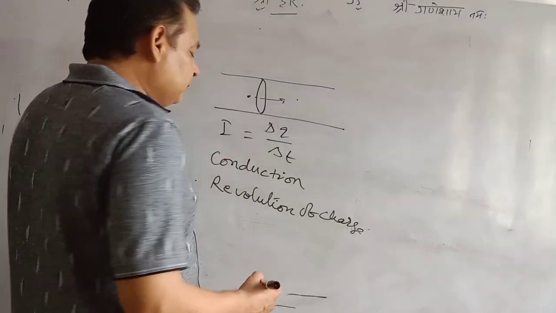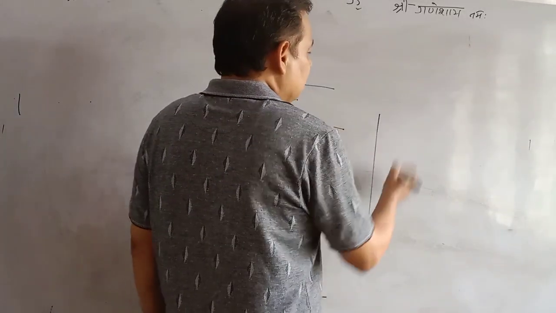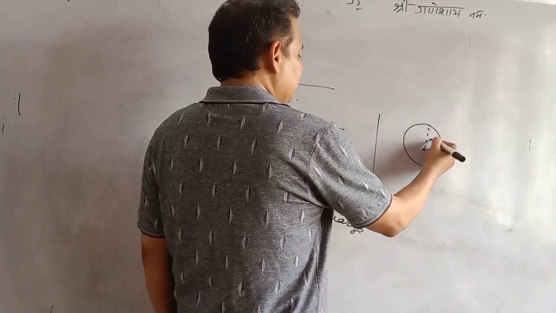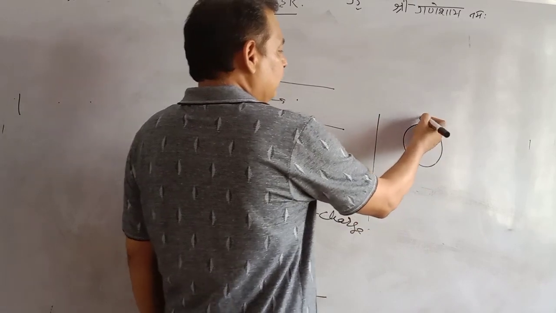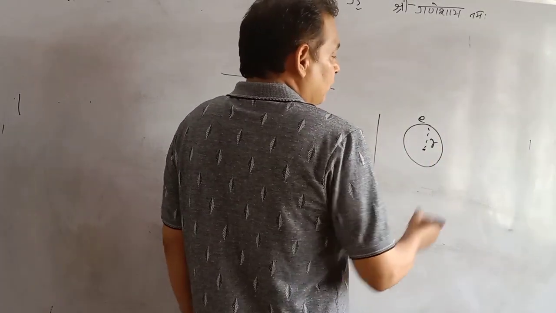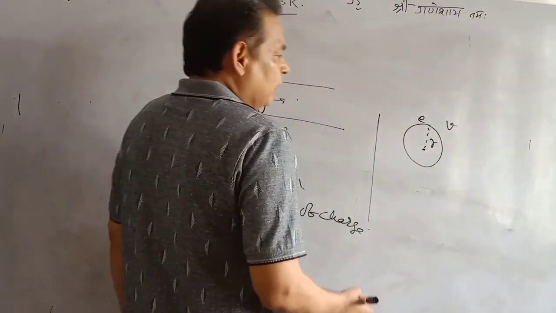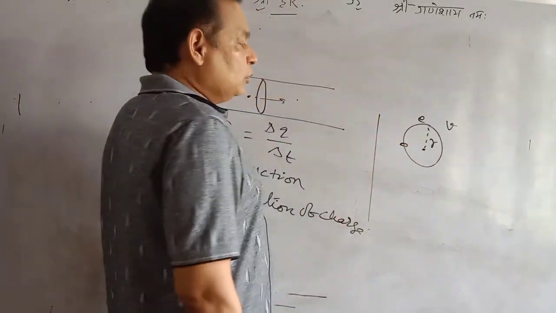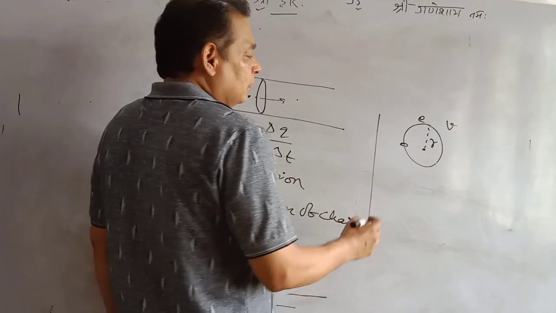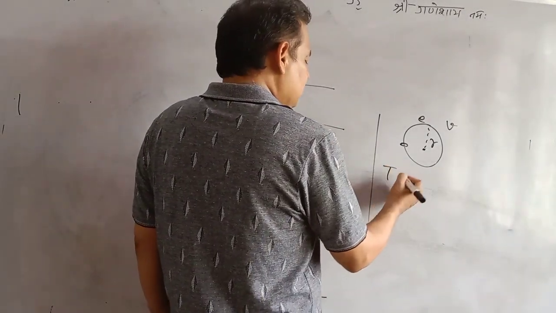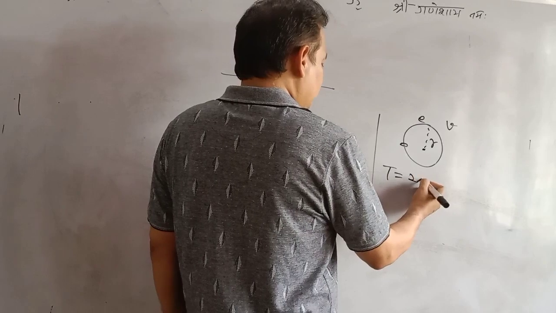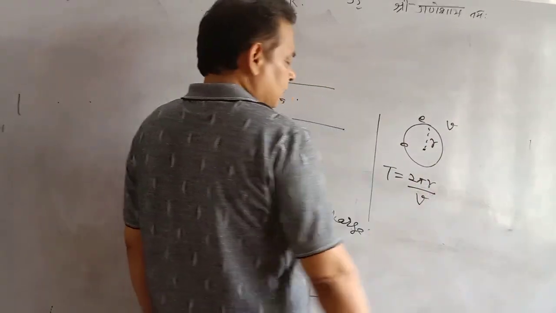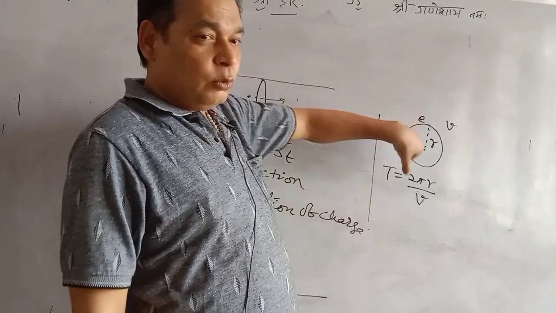It might be due to revolution of charge. Suppose in a hydrogen atom, an electron is revolving in a circular orbit, suppose of radius r, with velocity v. If you take a particular cross section anywhere, through this cross section, in time period T equals 2 pi r, the circumference, upon speed v, this charge will flow once.